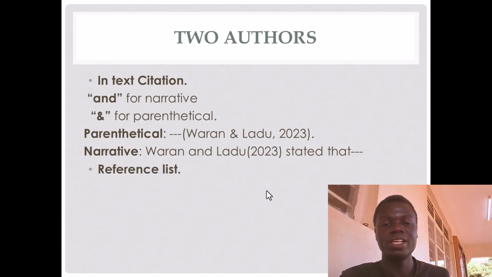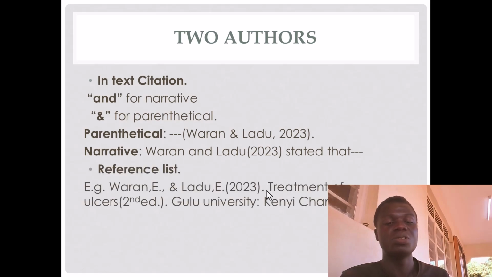When creating a reference list, you need to include all the authors' last names, separated by the ampersand sign, and include the initials of their first names. Then the title of the article, then the edition itself.